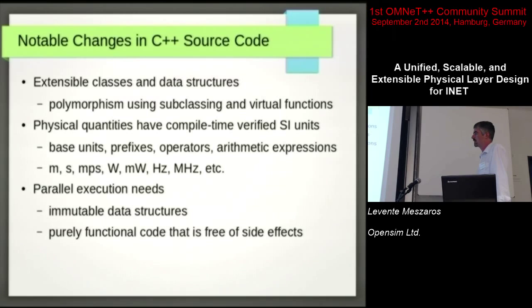And for parallel execution, we need a lot of immutable data structures and purely functional code that is free of side effects, so that we can run them in parallel safely without race conditions and things like that.